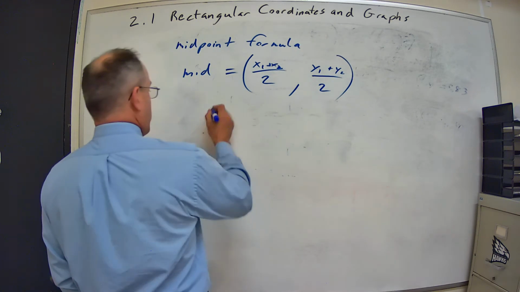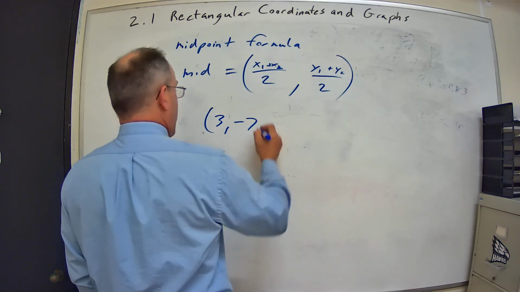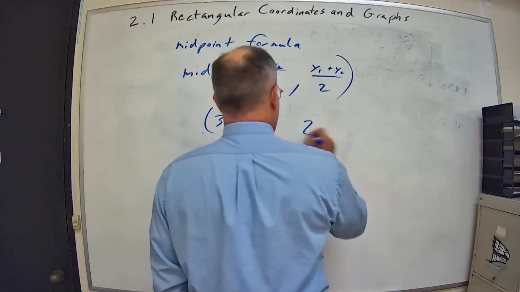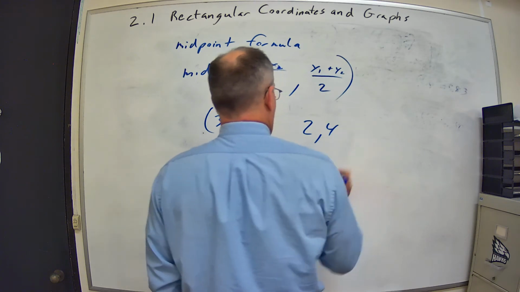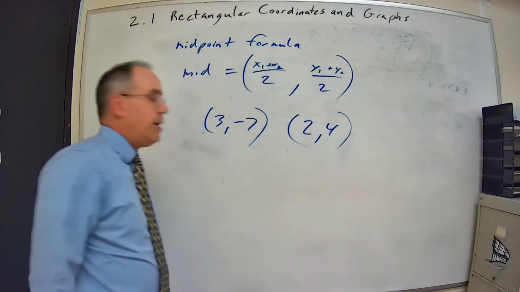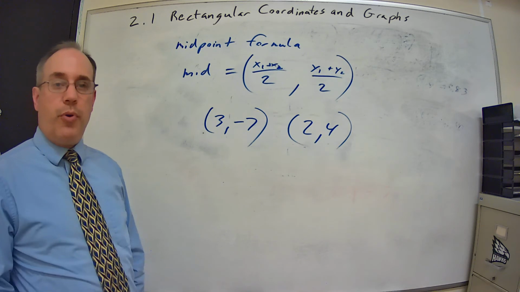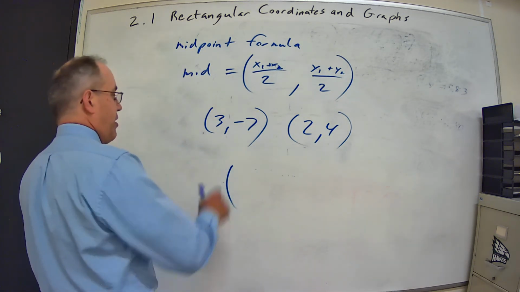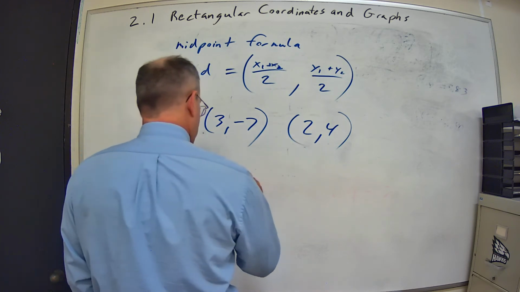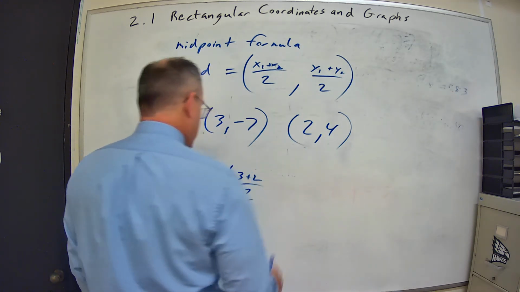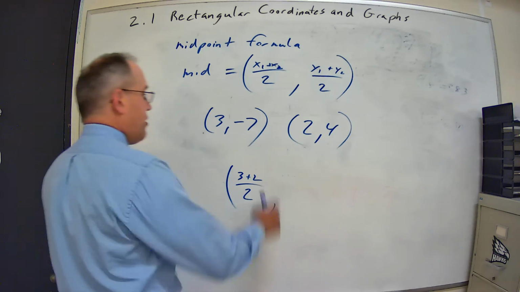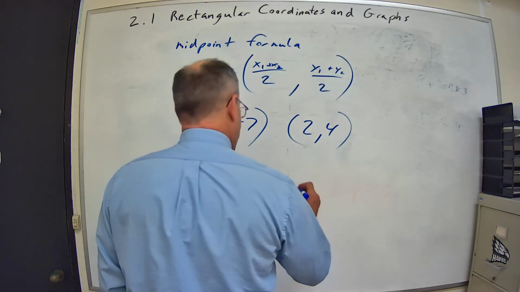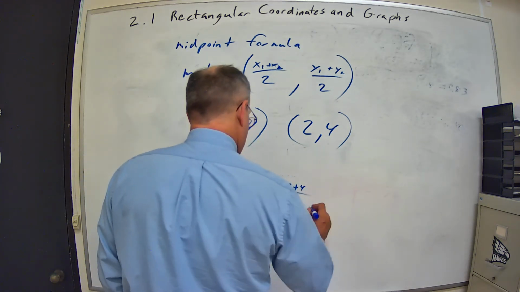So if we have the points 3, -7 and 2, 4, and we want to find the midpoint, then all we're going to do is add up the x values, 3 plus 2, and divide that by 2, and the y values, -7 plus 4, and divide by 2.